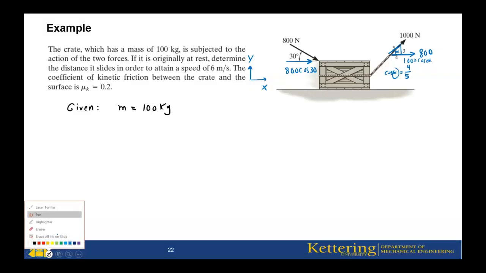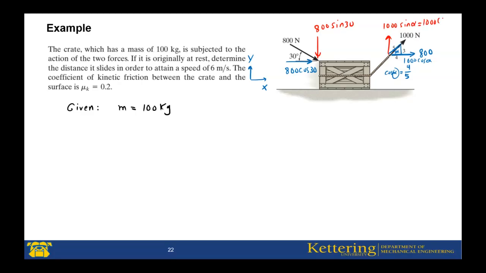Also, along the y direction, there is a force of 800 sine 30. And for this one, it is 1000 sine alpha. Sine alpha is 3 over 5, or it is 600 Newton.